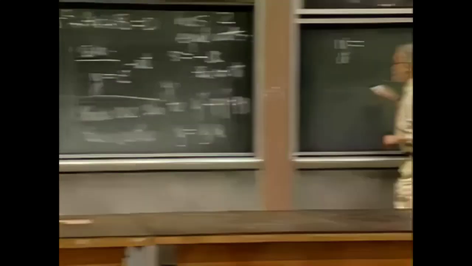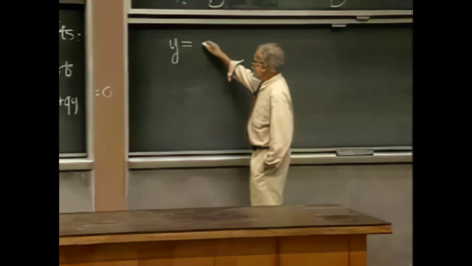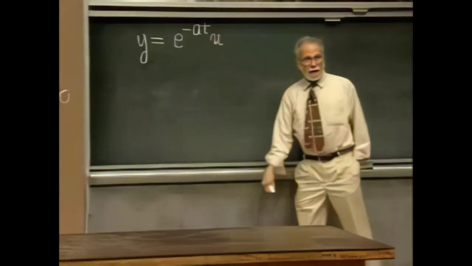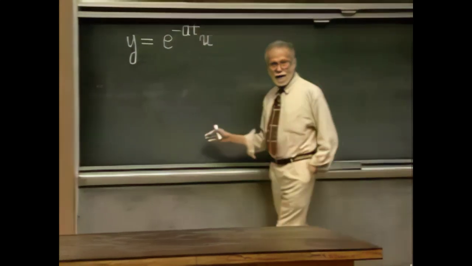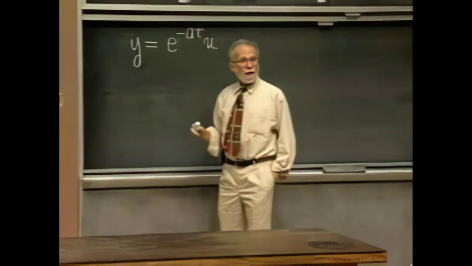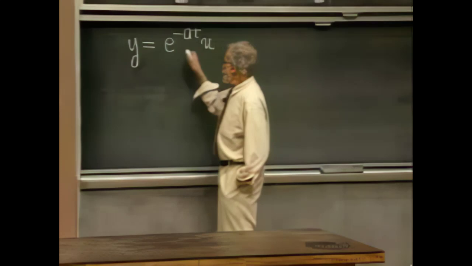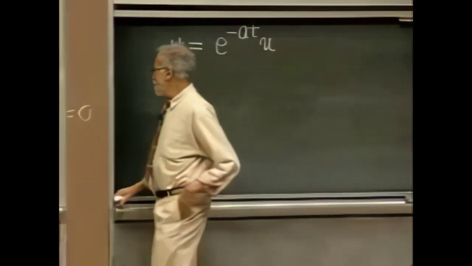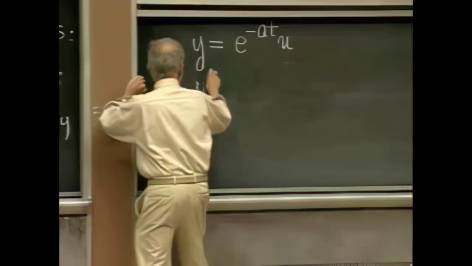That's the differential equation. And the solution we're going to look for is of the form e to the negative at times u. Now, you're going to have to make a calculation like this several times in the course of the term, so do it this way.